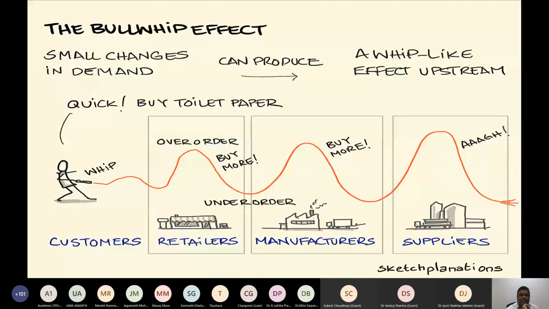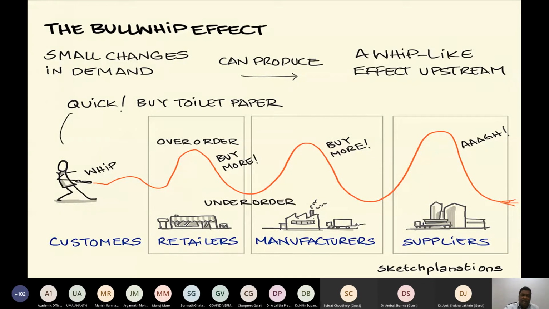Suppose in the coronavirus pandemic situation in a country, I think in Australia, people tried to buy toilet paper in bulk. So suddenly the demand has increased, and how that increase in demand is going to get reflected in the retailer, manufacturer, and supplier at different levels throughout the supply chain.